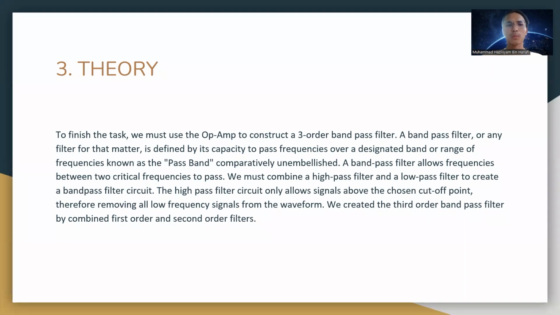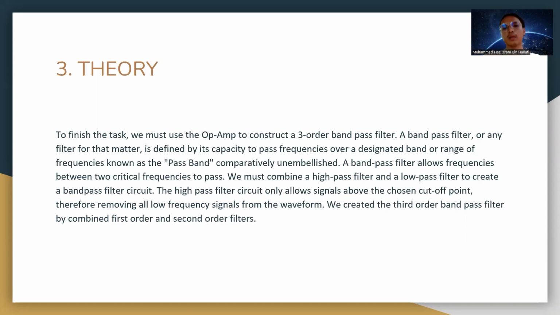Okay, now we move to theory. To finish the task, we must use the OP-AMP to construct a third-order bandpass filter. A bandpass filter, or any filter for that matter, is defined by its capacity to pass frequencies over a designed band or range of frequencies known as the passband, comparatively unattenuated.